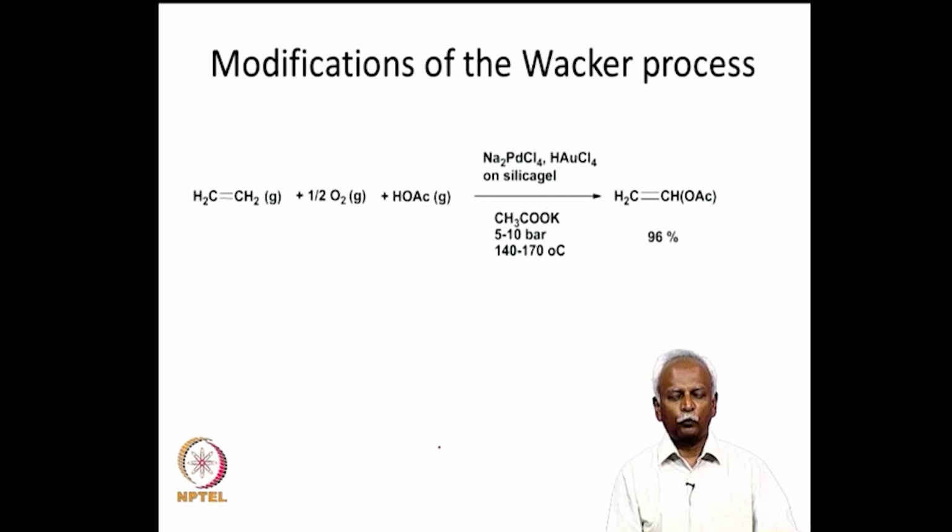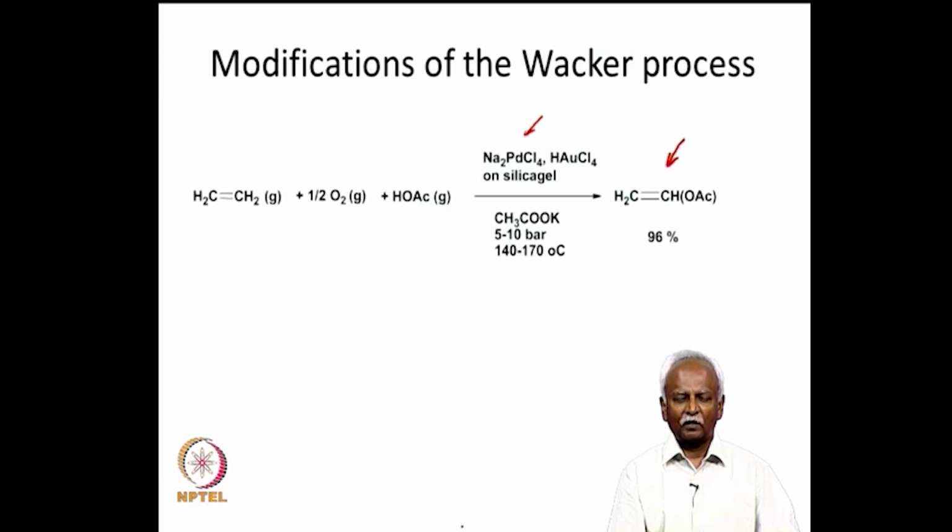As I told you, if you use acetic acid instead of water, instead of OH on the enol, you now have vinyl acetate, which is also extremely useful, and this reaction proceeds at best when you have sodium salt of tetrachloropalladium, and also it is promoted by gold.